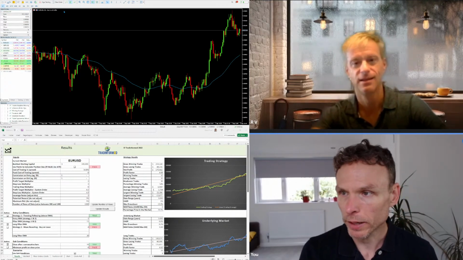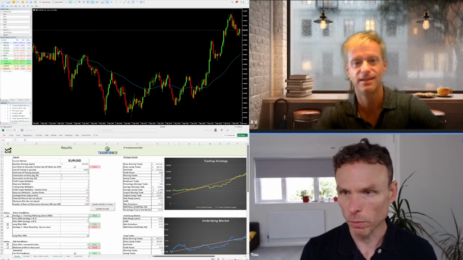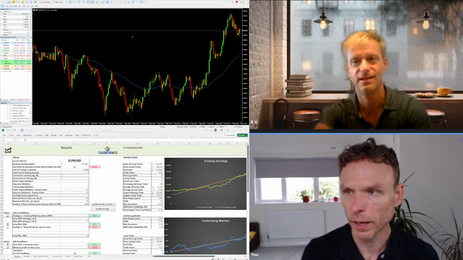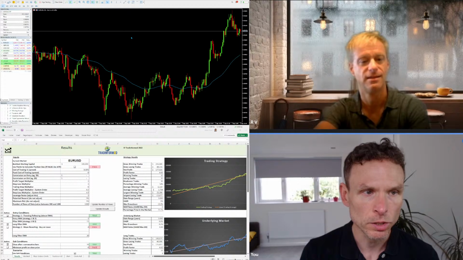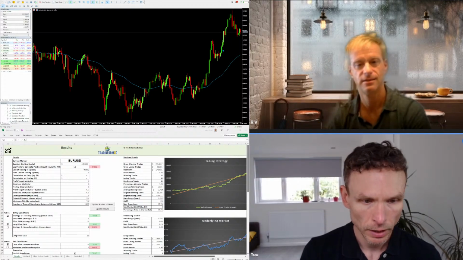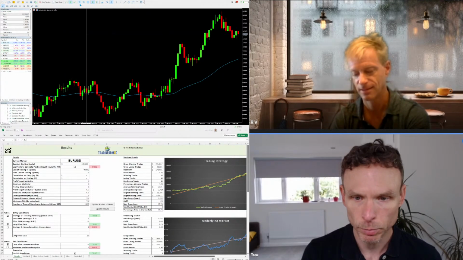Moving on slightly, I've gone back to the chart in the top left-hand corner, which is the platform that we've just been talking about, MetaTrader 5, and you can see the chart here of the euro US dollar. I'm going to zoom into the time frame where we have been live.